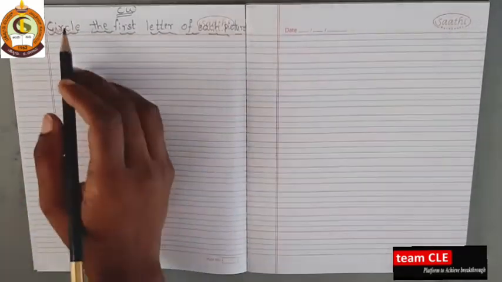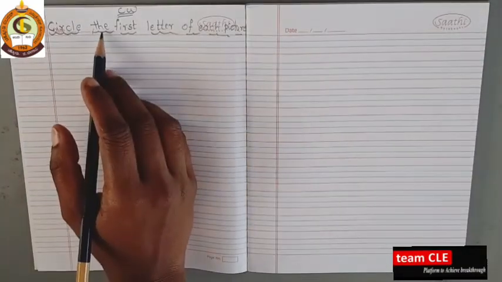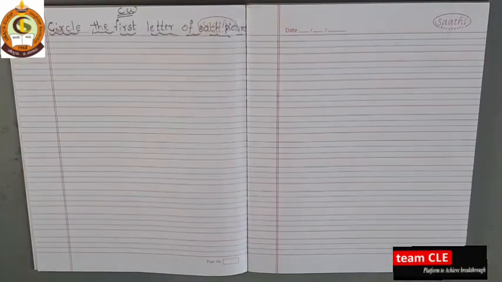Okay, tell your parents to write and give the headline. Write: circle the first letter of each picture.